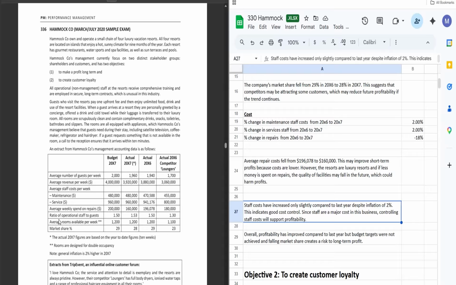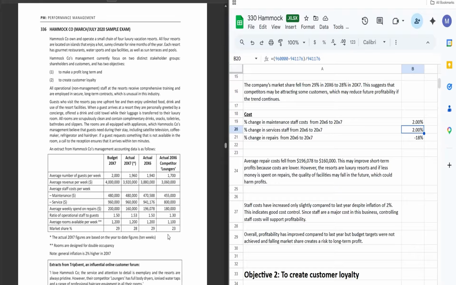You can see the ratio of operational staff to guests has increased. That means the number of staff has increased, and the increase in cost by 2% could also be explained by this increase in the ratio of operational staff to guests.